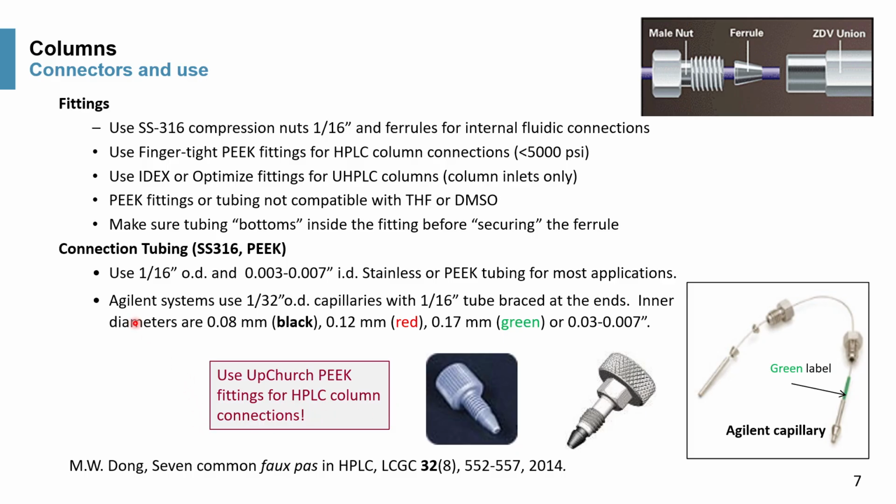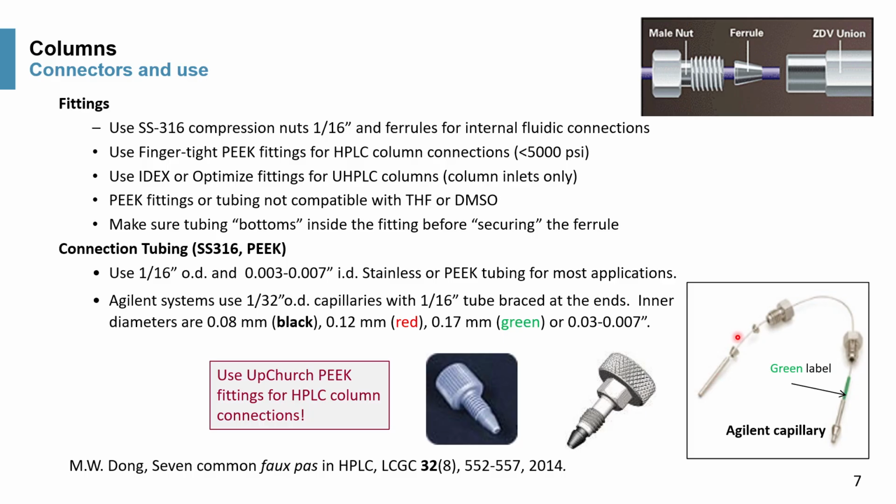If you have an Agilent system, Agilent actually supports this type of capillary tubing shown here, which is with an outer diameter of 1/32. However, the ends of the tubing are brazed to 1/16 inch so as to make it compatible with typical HPLC or UHPLC fittings.